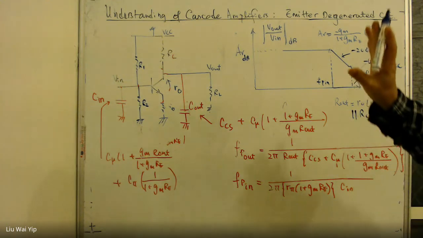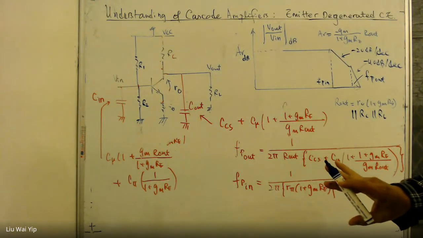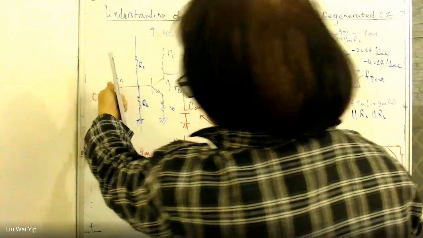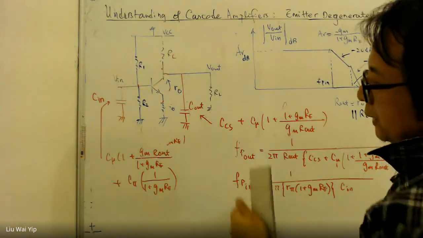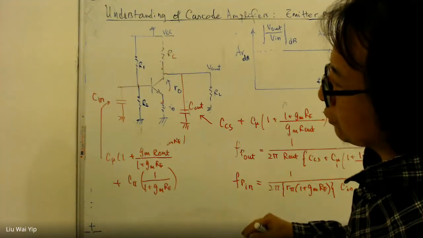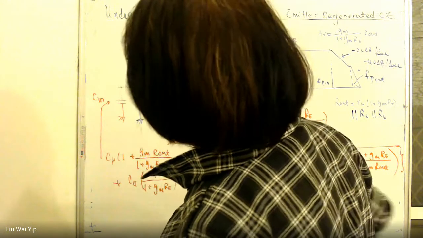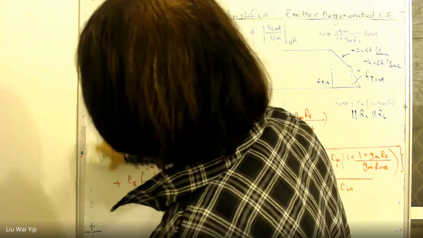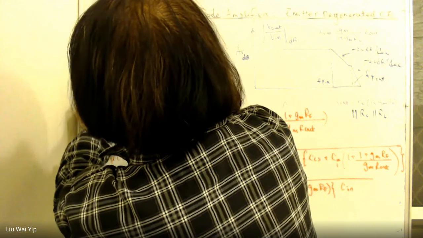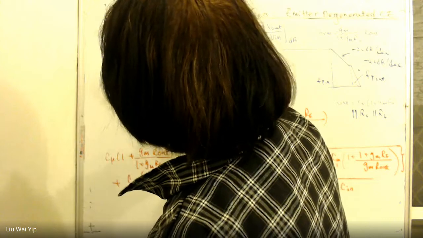And now, with this kind of biasing network, the input cannot be fed directly to the base. Instead, the input will be indirectly fed, and most likely it will be through another coupling capacitor, say C1 here.